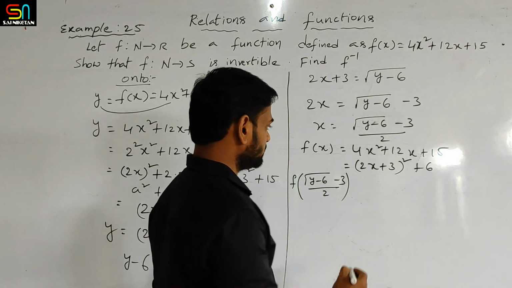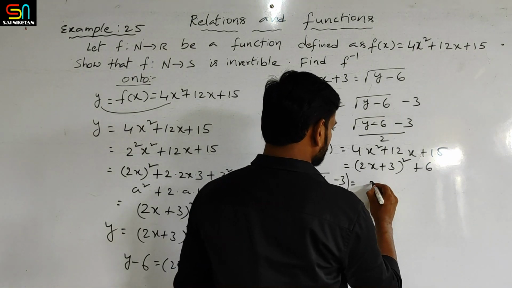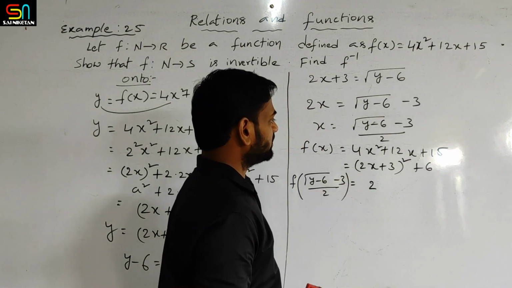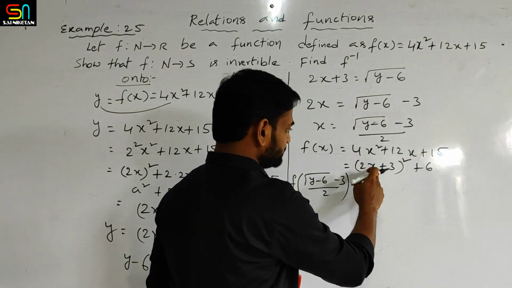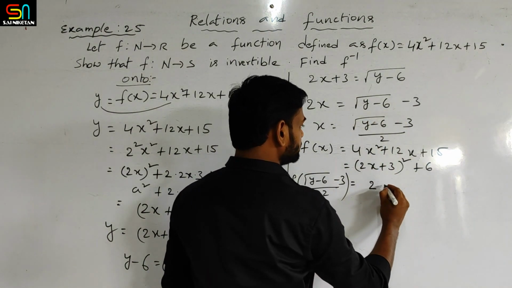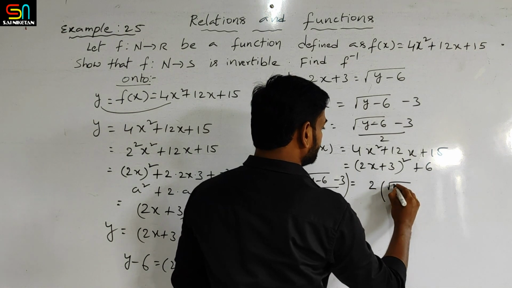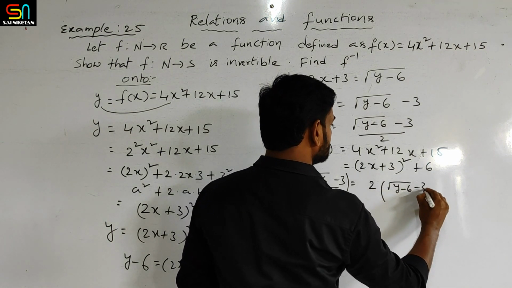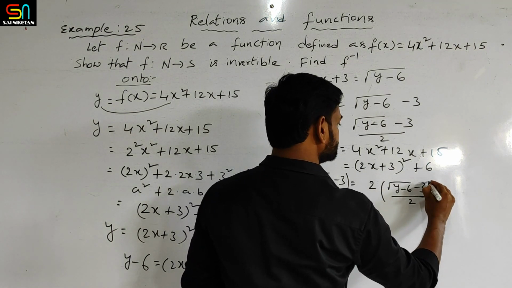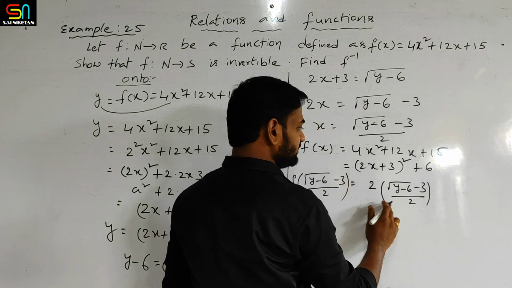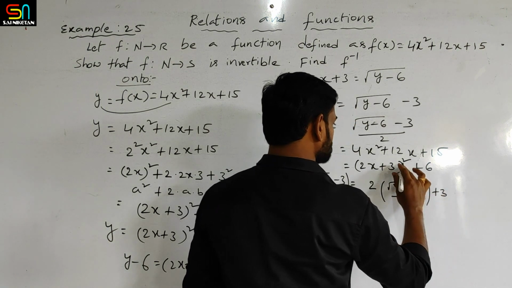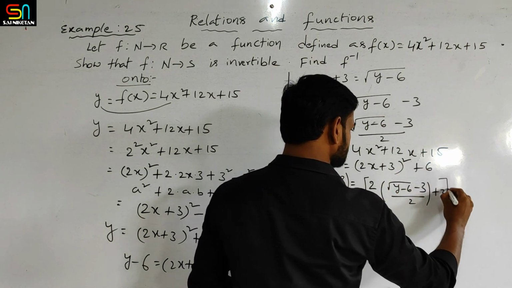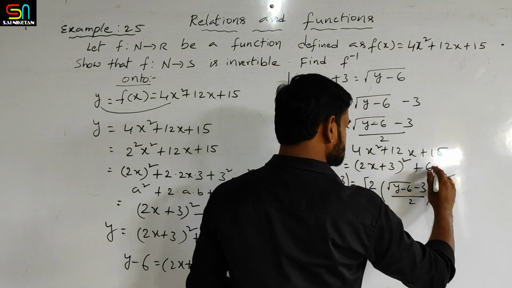It is equal to first 2 into, in place of x, this entire expression, so in place of x I am adding 2 into (root of y minus 6 minus 3) by 2, close, 2x complete plus 3, next whole square plus 6.